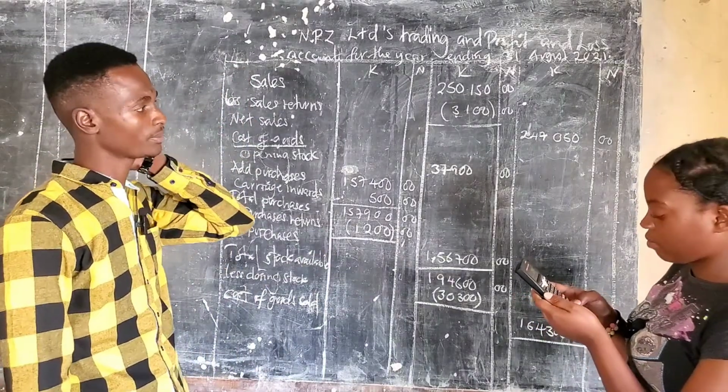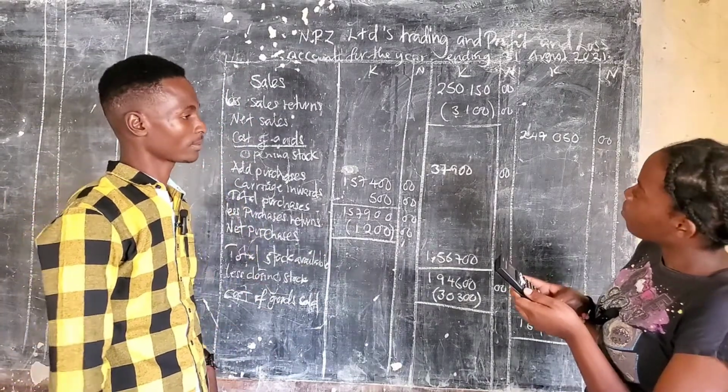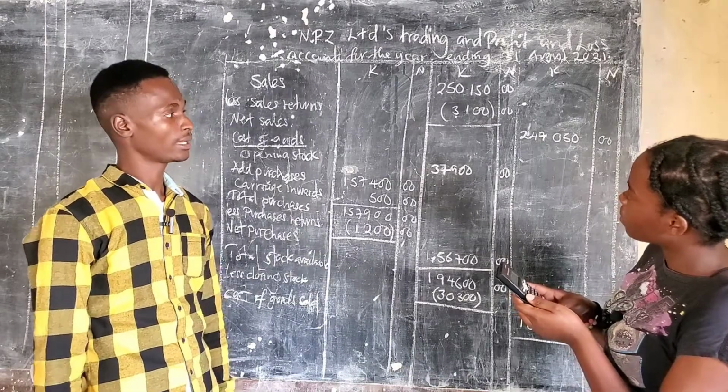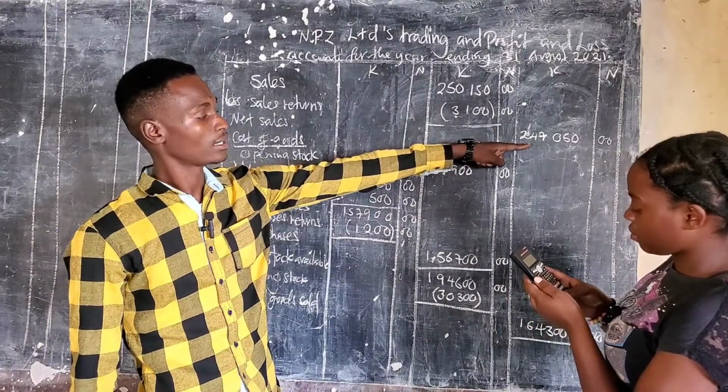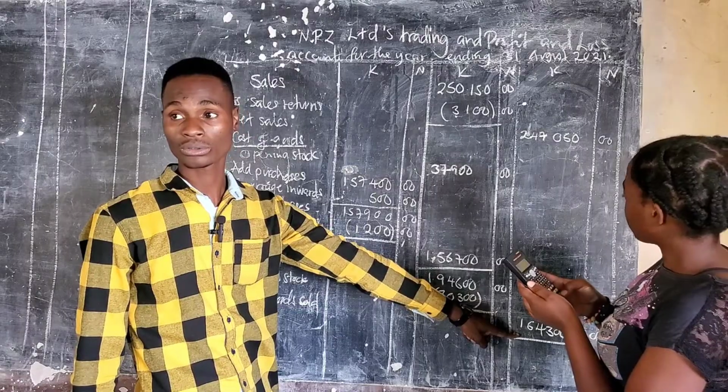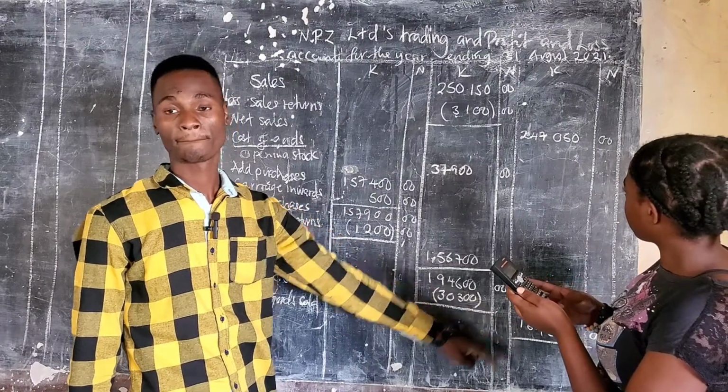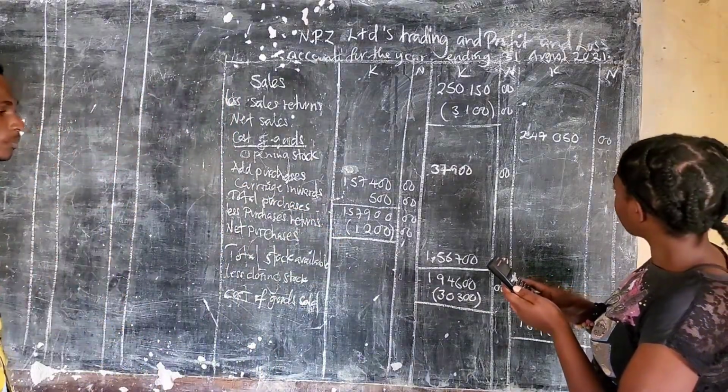Then what do we do? We subtract, yes, the net sales minus the cost of goods sold.